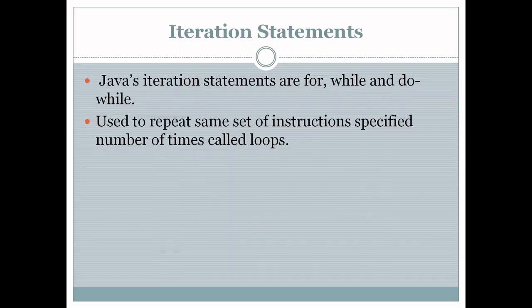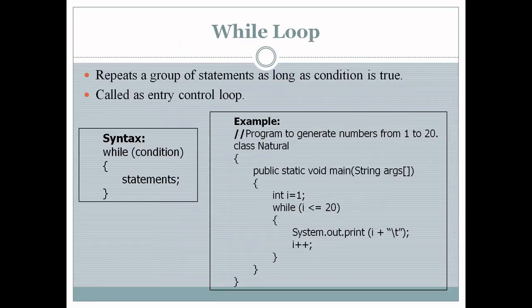So let's study these different iteration statements in Java one by one, starting with the while loop. A while loop repeats a group of statements as long as the condition is true. While loop is called an entry controlled loop.